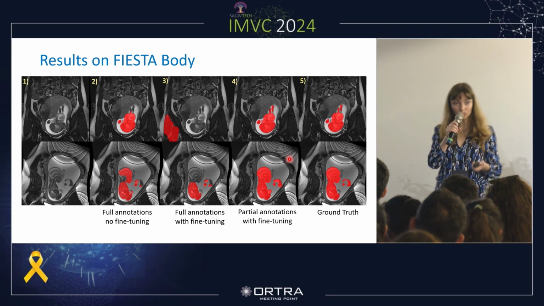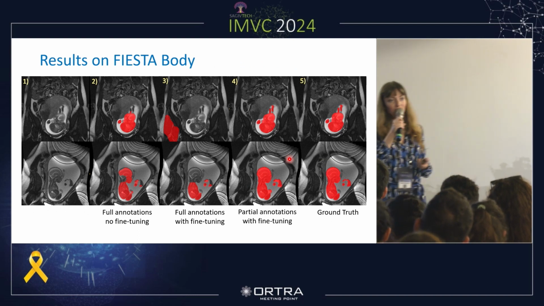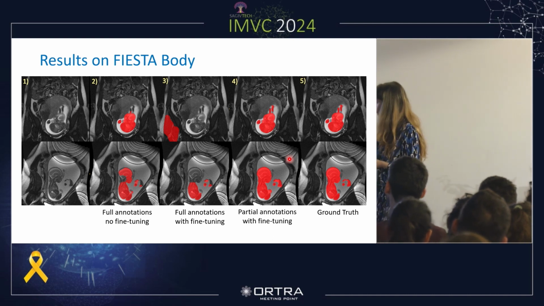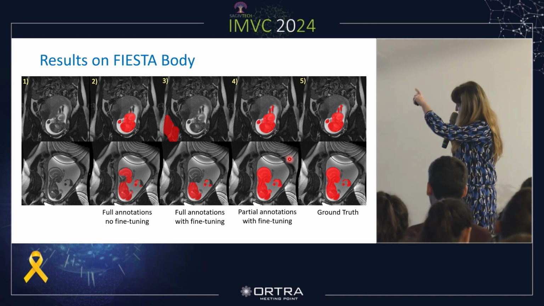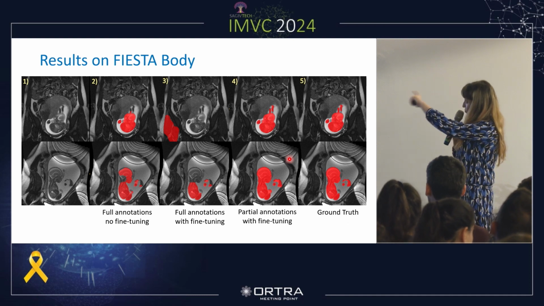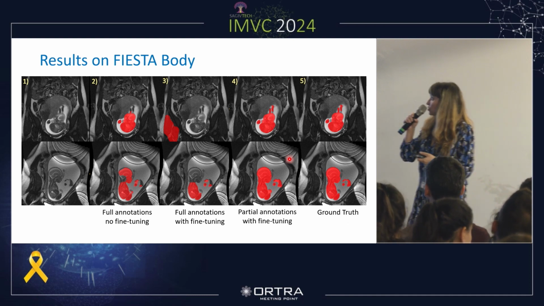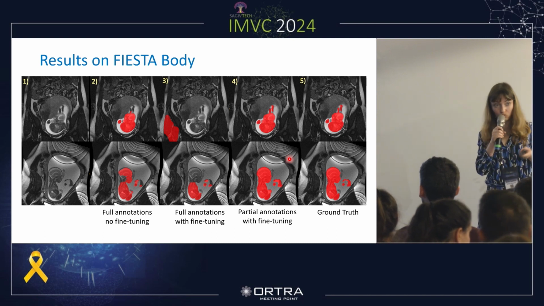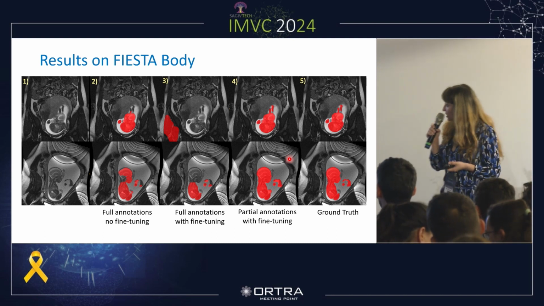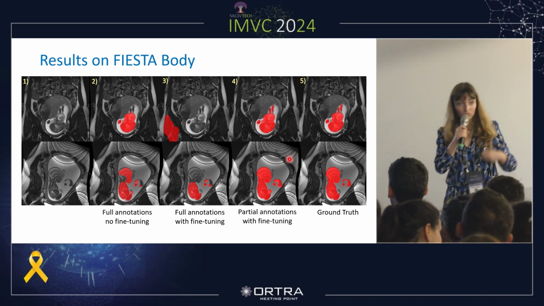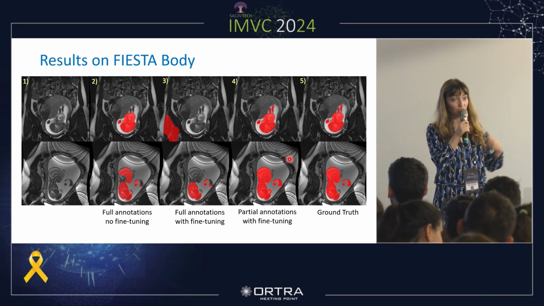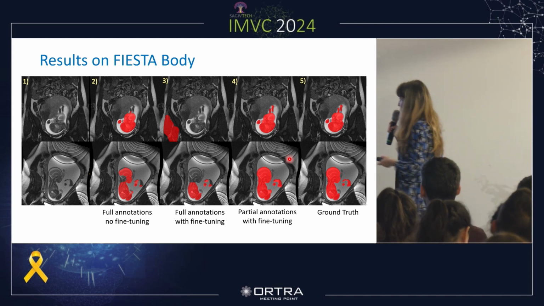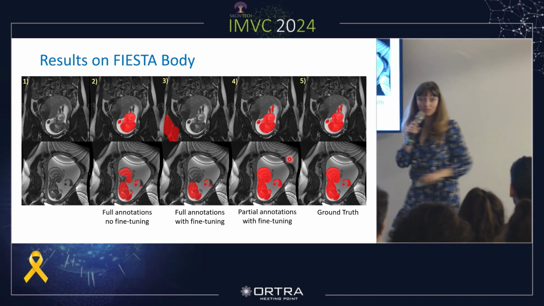If we look at the images themselves, just to get a feeling of what happened there, you can see here in column 2, on the top row for example, a segmentation which is not perfect, but it's pretty much okay. Then when we continue with the training and perform fine-tuning, suddenly we see that the fetal body here is completely missed.